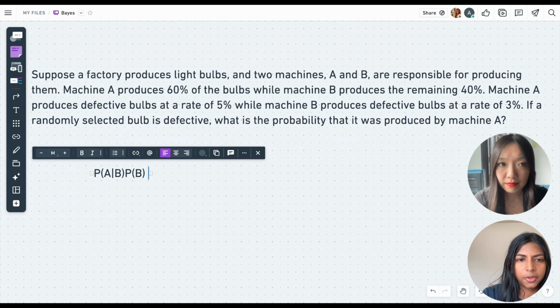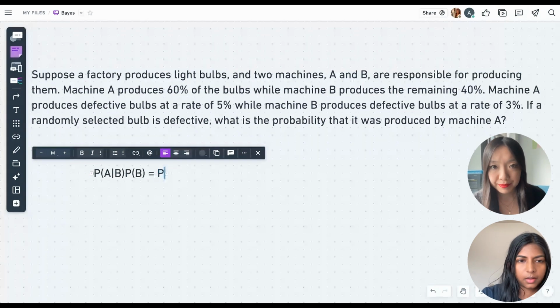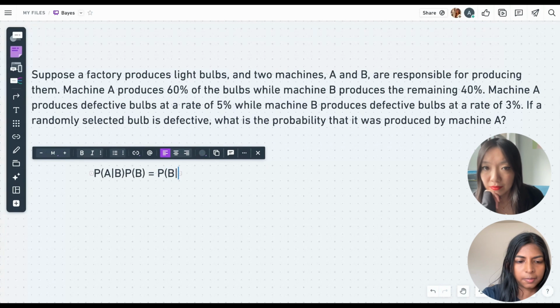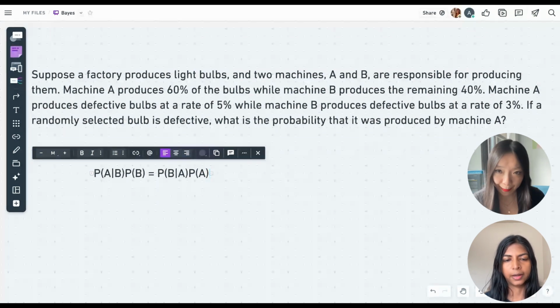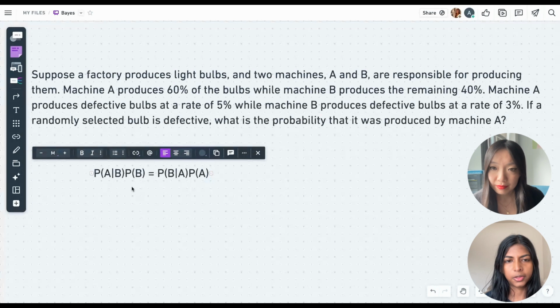And writing it out this way is what I find the most useful instead of just trying to memorize the formula, because, at least for me, it is easier to understand. All this is basically saying is that the joint probability of A and B is equivalent on both sides.